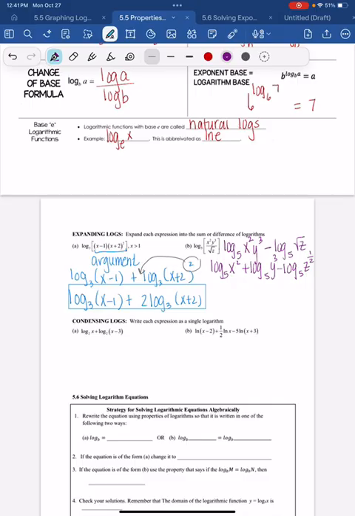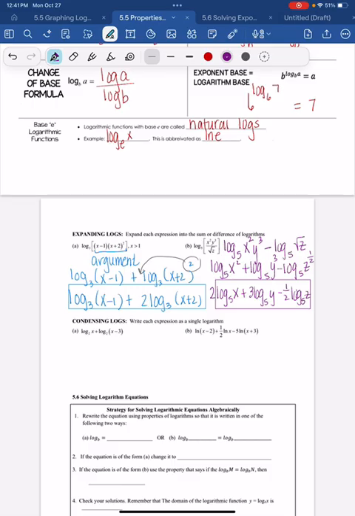And now I'm going to use the power property. I'm going to bring the 2 in front. So it's 2 times the log base 5 of x plus 3 times the log base 5 of y minus 1/2 times the log base 5 of z. Exponents come down in front and become coefficients. Okay, that 2 should be part of the answer.